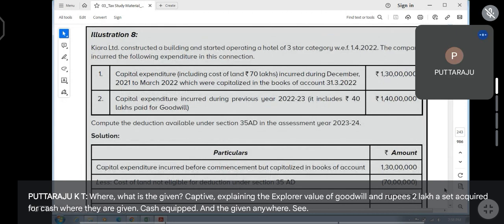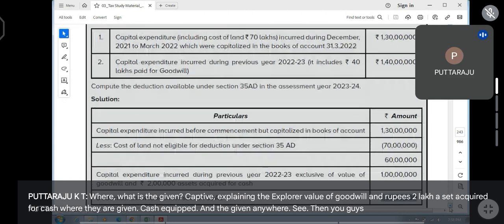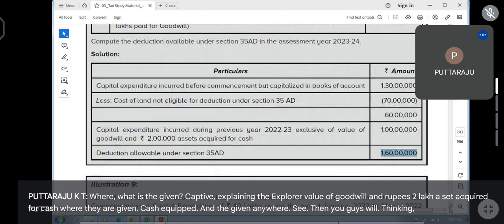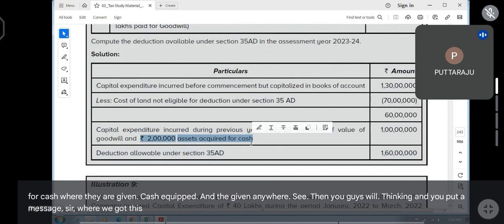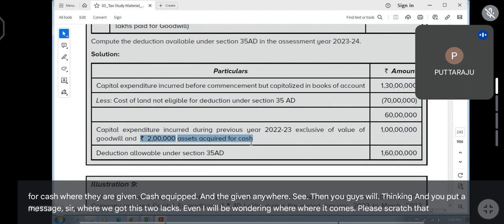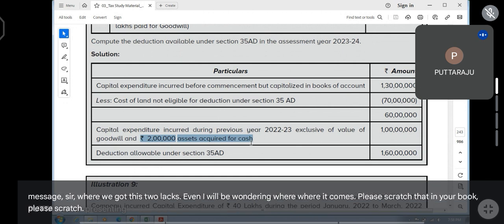Then you will be thinking and put a message, sir, where did we get this 2 lakhs? Even I am wondering where it comes from. Please scratch that in your book. Nothing is mentioned relating to that 2 lakhs.